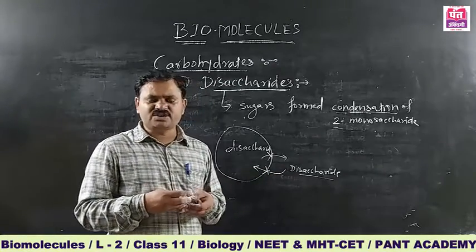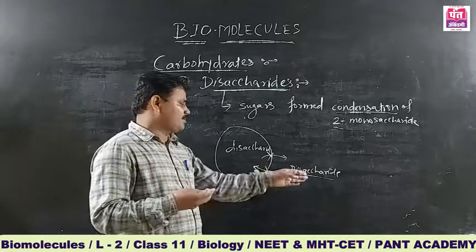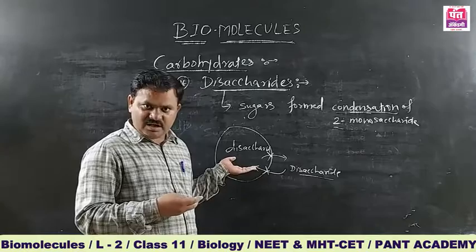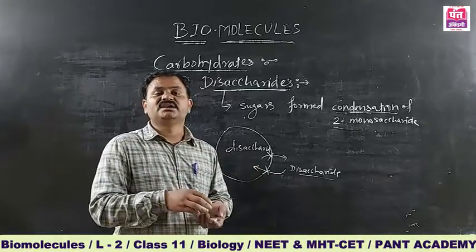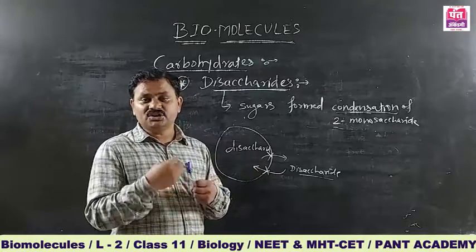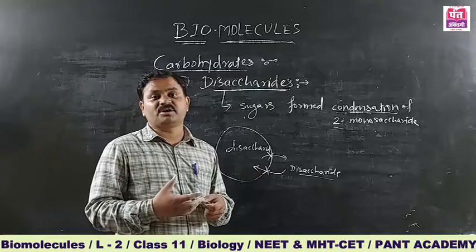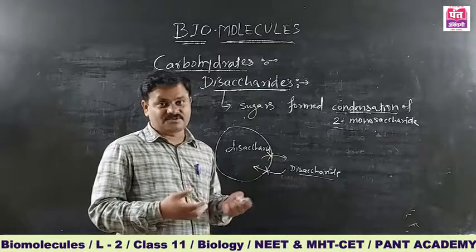So if animals eat the disaccharide, how do they absorb the sugar into the cell for their utilization in energy synthesis or formation of different energy molecules, or for providing energy for the metabolic reactions? How does it happen?